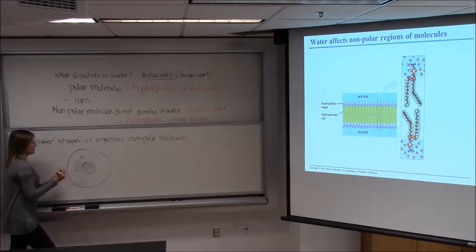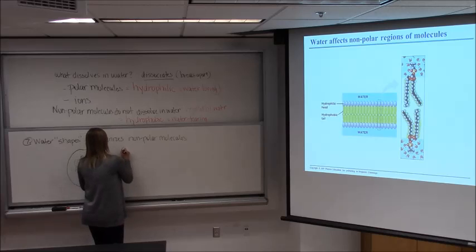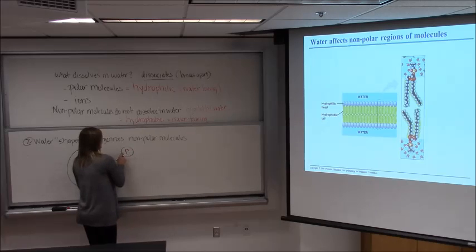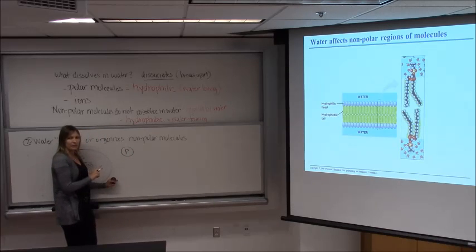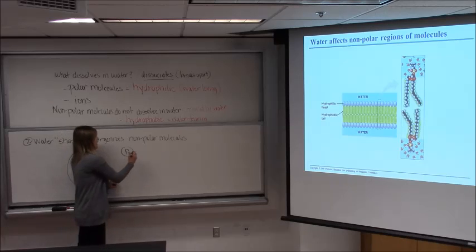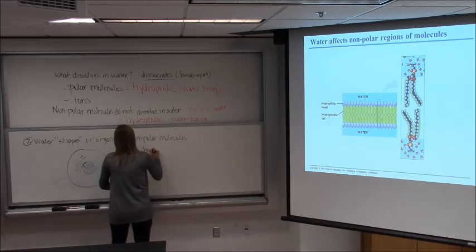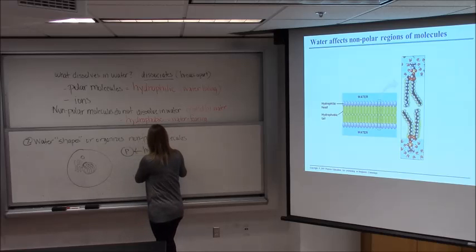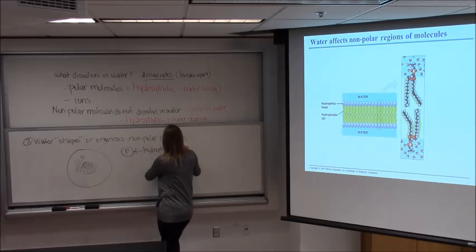And phospholipids, in their cartoon form, have a phosphate head. You'll learn what a phosphate group is in the next unit when we talk about organic chemistry. And that phosphate head is actually hydrophilic, water-loving. It's polar.